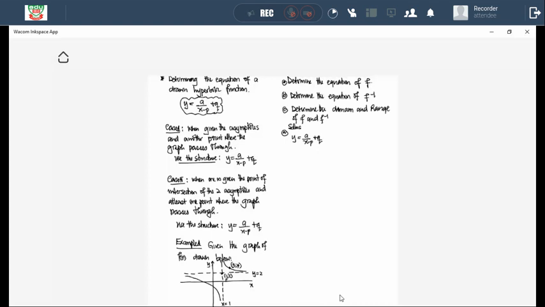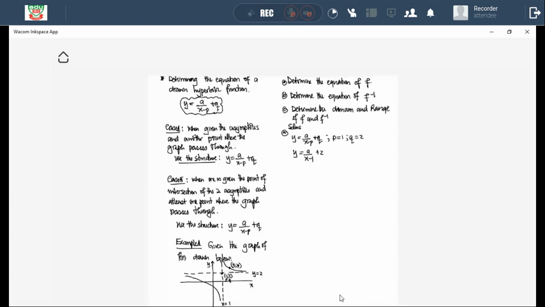It means p is equal to 1 and q is equal to 2 from the point of intersection. I will substitute that. This is going to be y equal to a all over x minus 1, plus 2. Right. From there, I'm now looking for a.